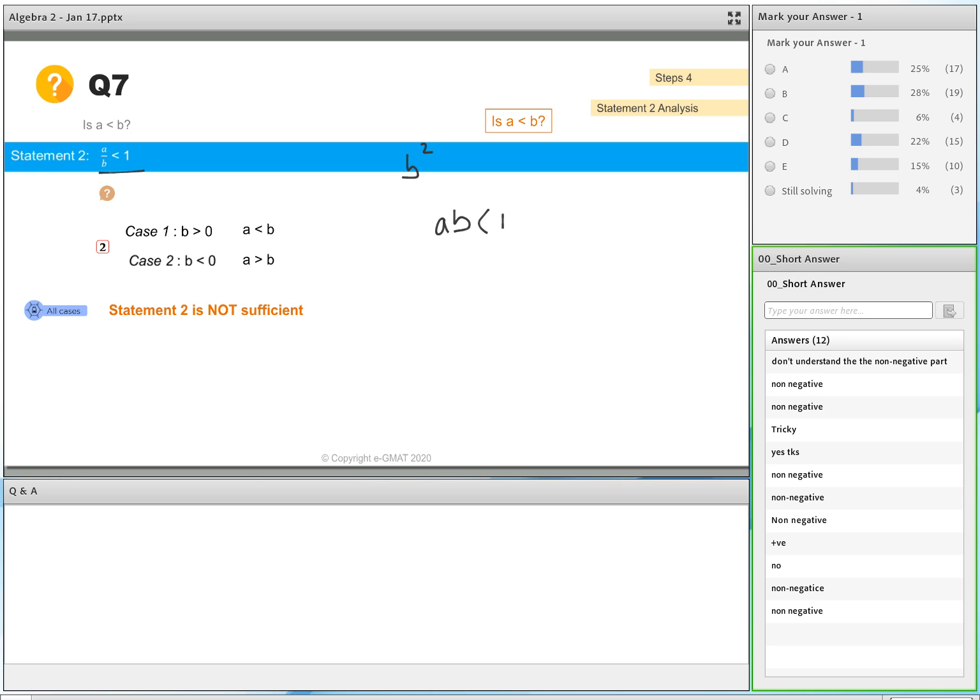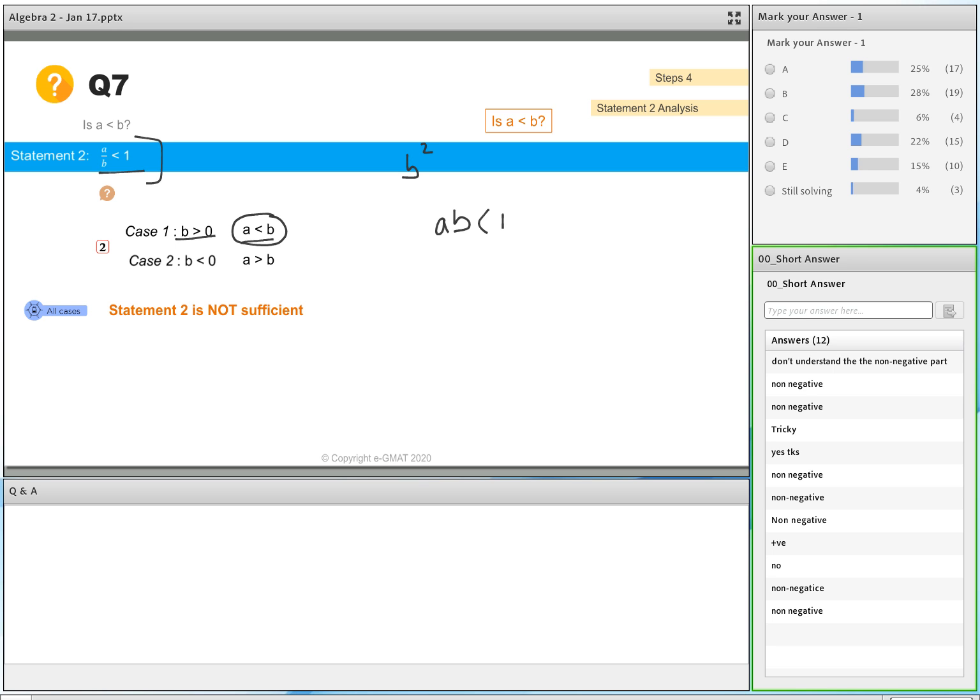So essentially try to understand in this way. If B is a positive number, then the sign of this inequality won't change, right? If I multiply it with B, then A by B times B becomes A less than 1 times B, which is B. So that means A is less than B. This happens when B is a positive number.